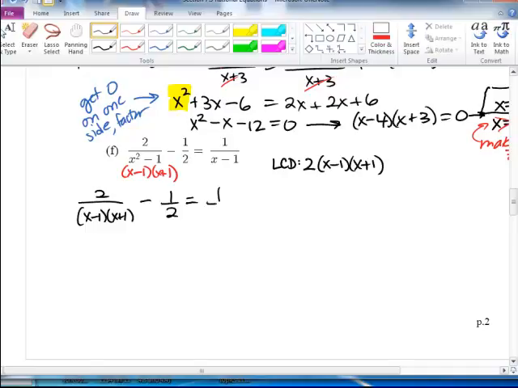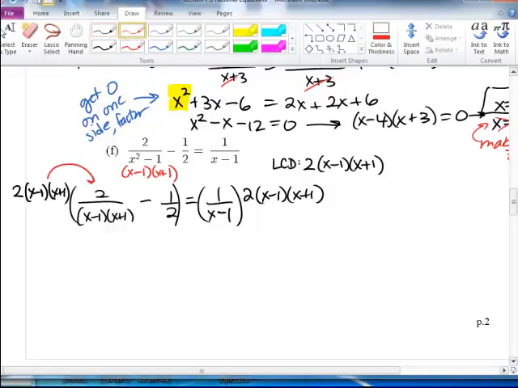So that's my original equation, and now I'm going to multiply by the least common denominator on both sides, which is 2 x minus 1, x plus 1. And distribute on the left at least.